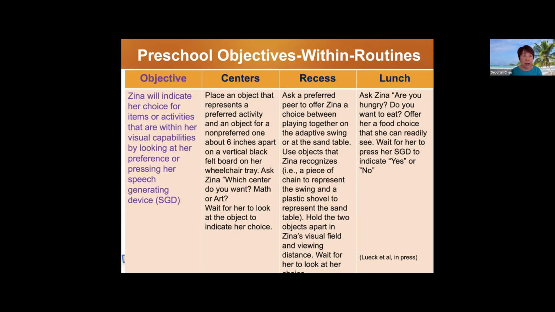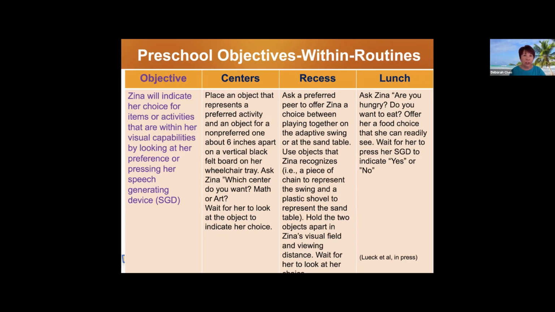And her educational team, the general educator, the teacher from the area of visual impairments, and the speech language pathologist, as well as her occupational therapist, decided a good objective would be for Zena to make a choice of items that are within her visual capabilities by looking at her preference or pressing her speech generating device.